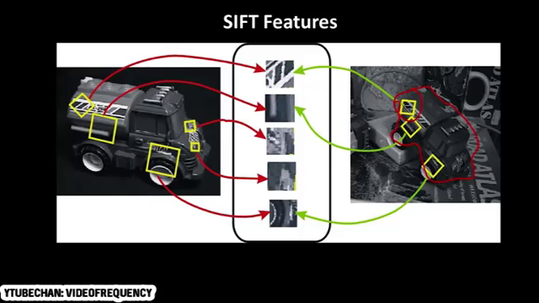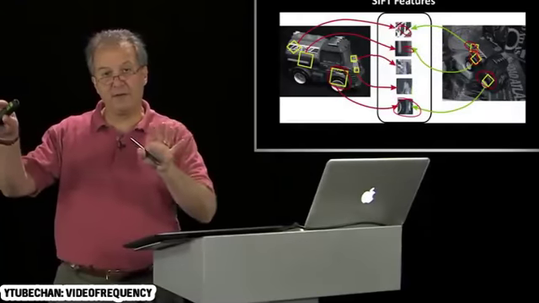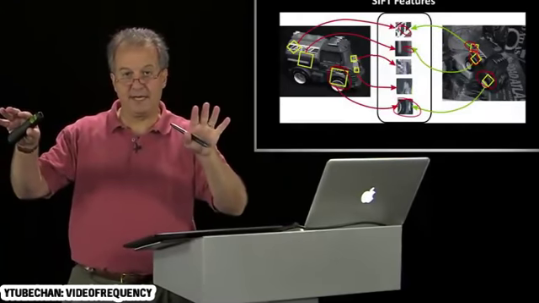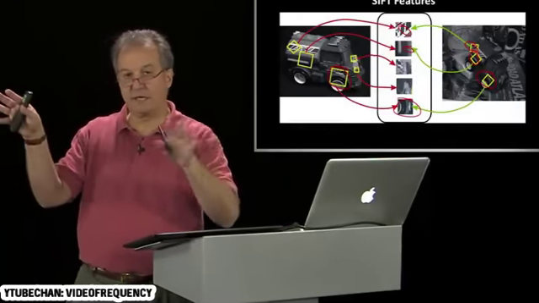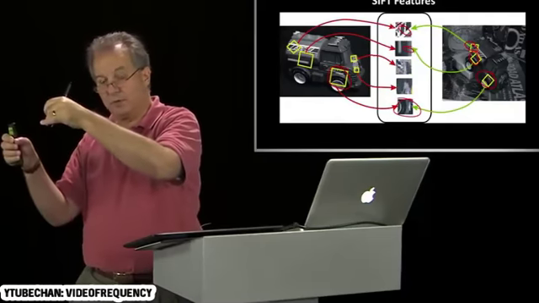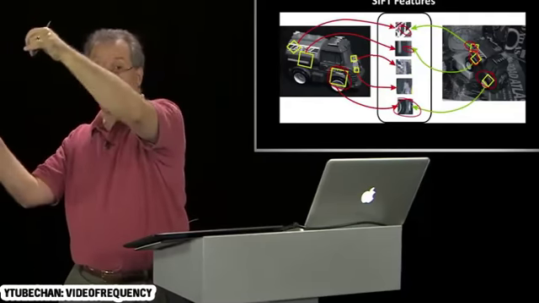The point is that a bunch of the same descriptors, so here's one and here's another, were both found in the two images, right? And if I can find enough matches, then I can figure out that this image has an object, and that object is also in this other image. In this image, it's just been rotated, translated a little bit, maybe scaled.